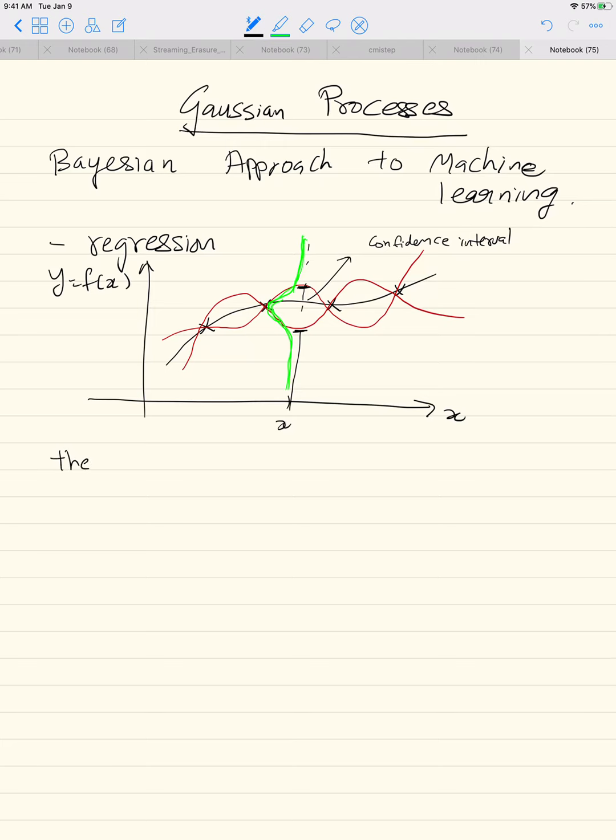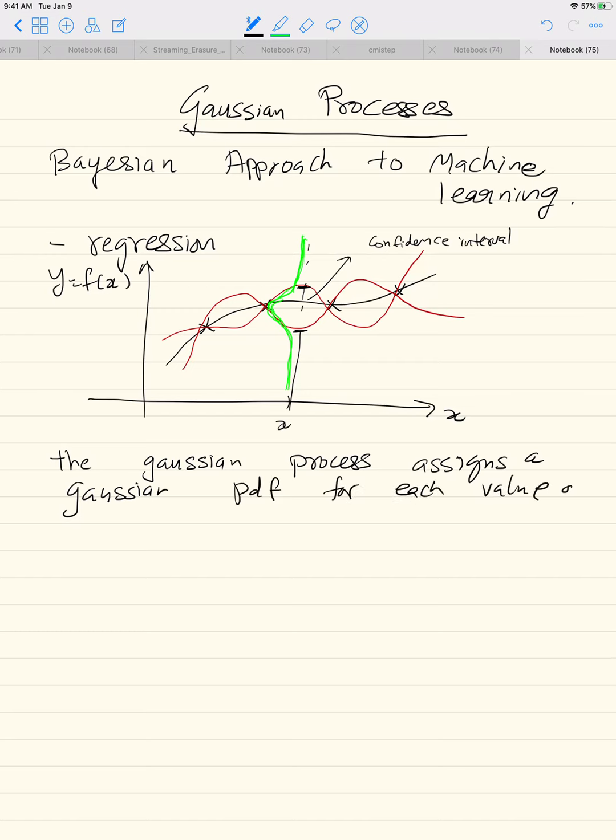So the Gaussian process basically assigns a Gaussian PDF for each value of x. This will be clear once we do a more concrete example.